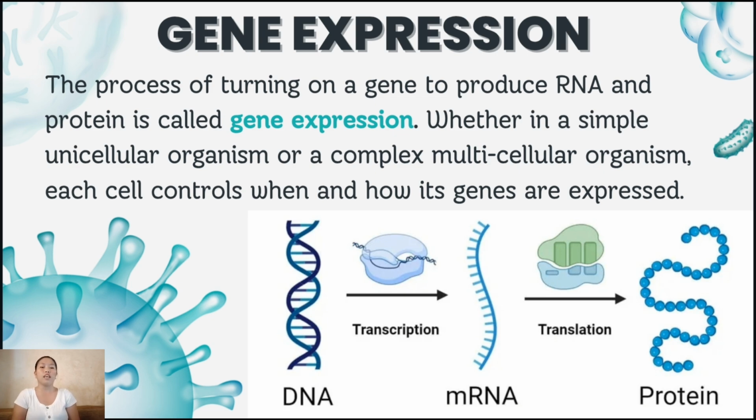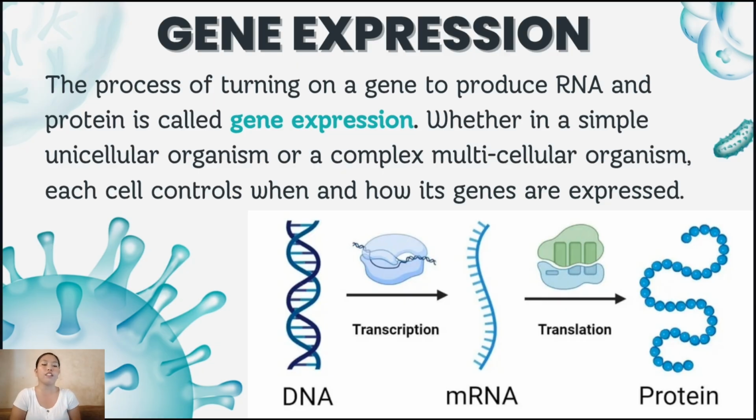Gene expression is the process of turning on a gene to produce RNA and protein. Whether in a simple unicellular organism, or prokaryotic cell, or a complex multicellular organism, which is the eukaryotic cell, each cell controls when and how its genes are expressed.